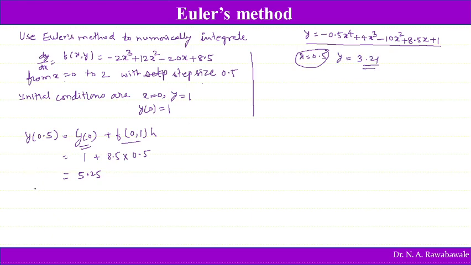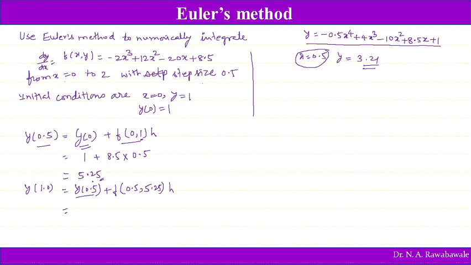So now y(1.0) is equal to y(0.5), the previous value, plus f of, in place of x now we can say 0.5, and in place of y it was 1, now it is 5.25, into h.